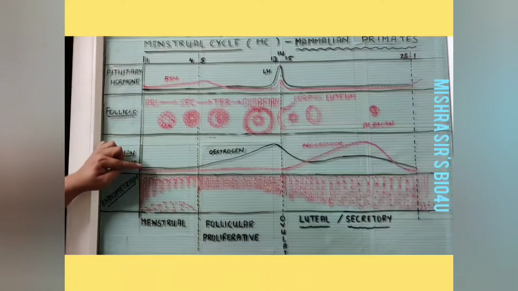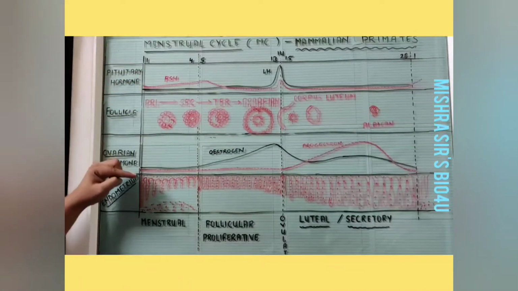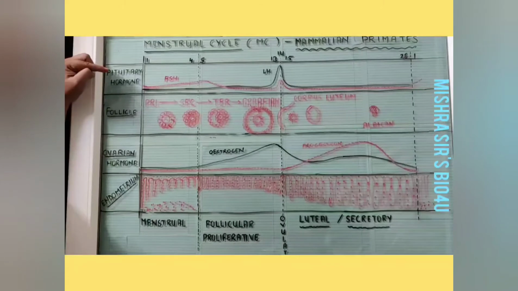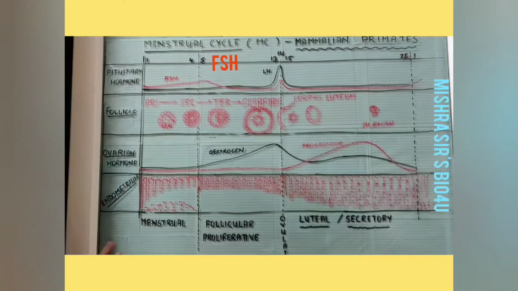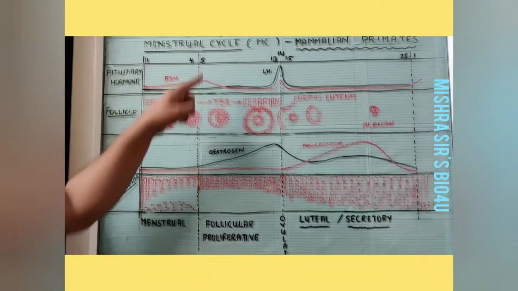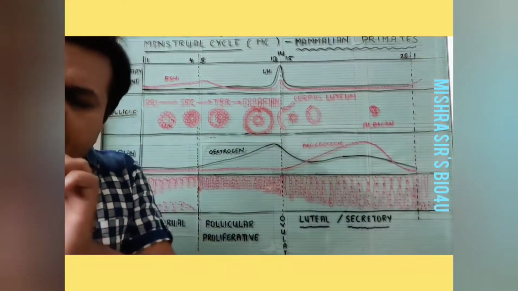Also, low levels of estrogen and progesterone stimulate the pituitary to release FSH, follicle stimulating hormone. Can you see that the level is rising? Yes. So the first phase is simple.